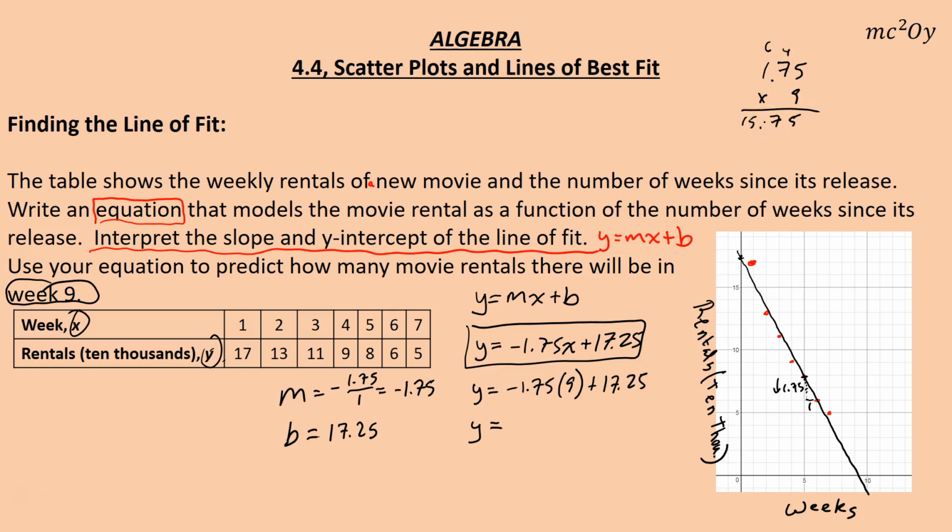Looks like 15.75. So negative 15.75 plus 17.25. And so it looks like that's going to be about 1.5. y equals about 1.5.